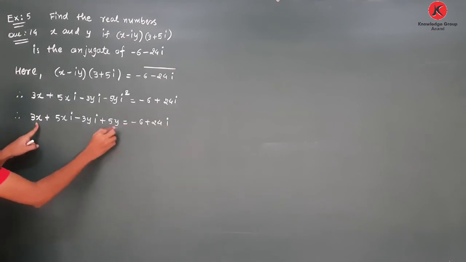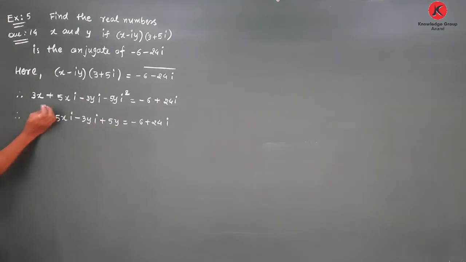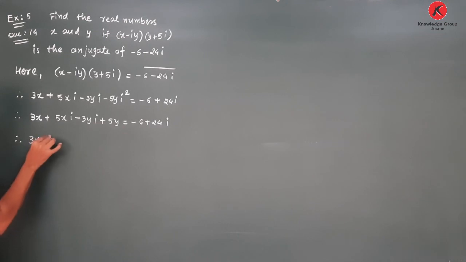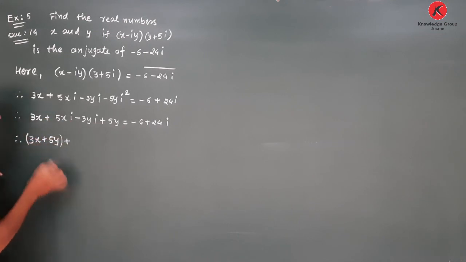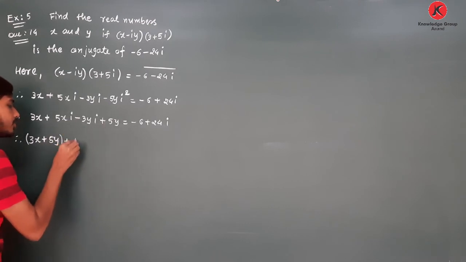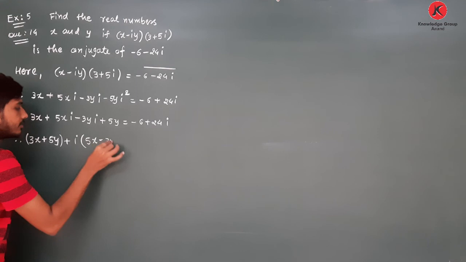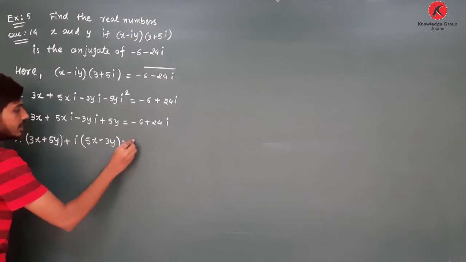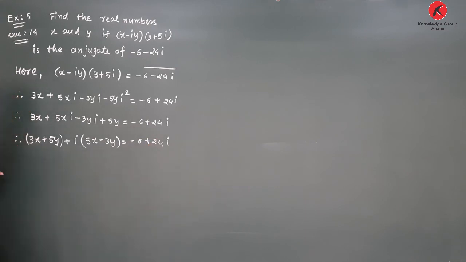Now, keep the real parts together and the imaginary parts together. Therefore we are getting 3x plus 5y plus i common from the imaginary parts, 5x minus 3y, which is equal to minus 6 plus 24i.